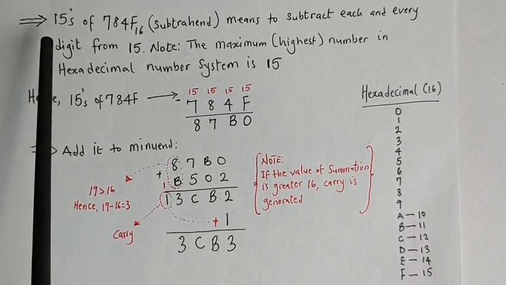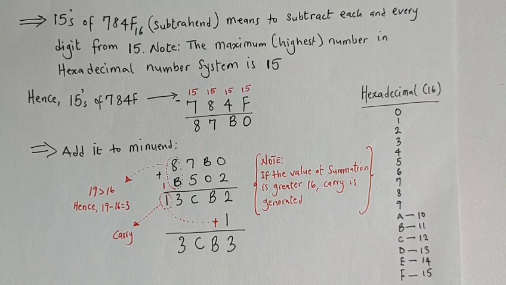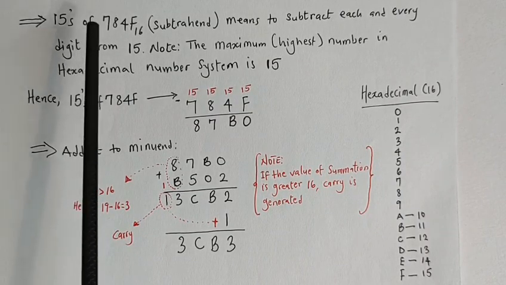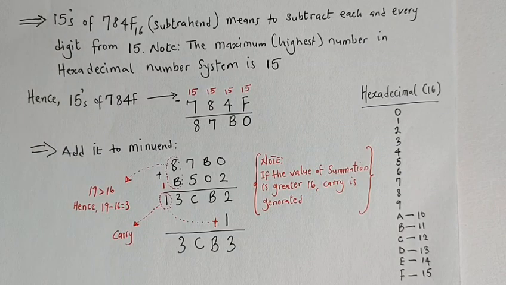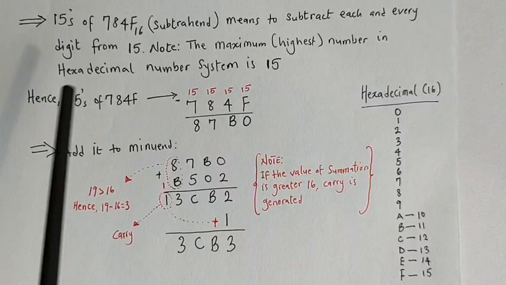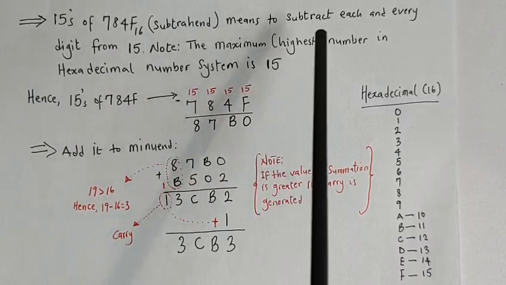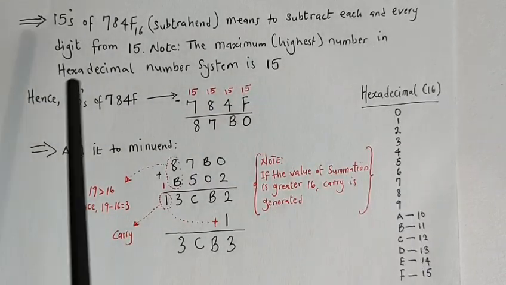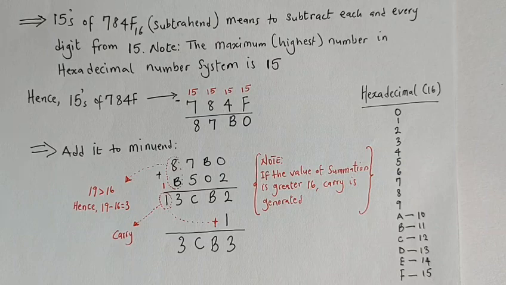So the 15th complement of 784F base 16, which is the subtrahend, means to subtract each and every digit from 15. So that is what it means.